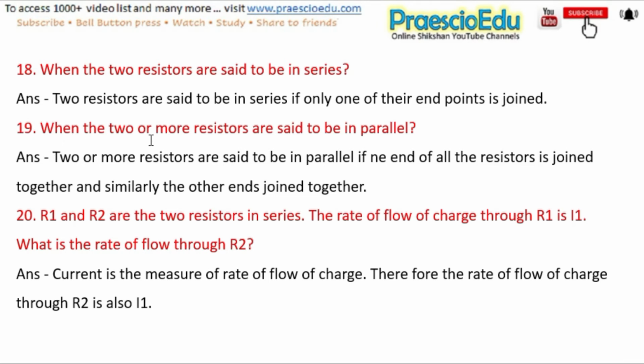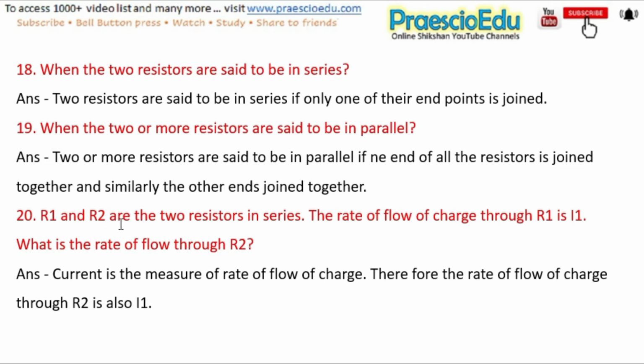Next question is when are two or more resistors said to be in parallel, and the answer is two or more resistors are said to be in parallel if one end of all the resistors is joined together and similarly the other ends joined together.